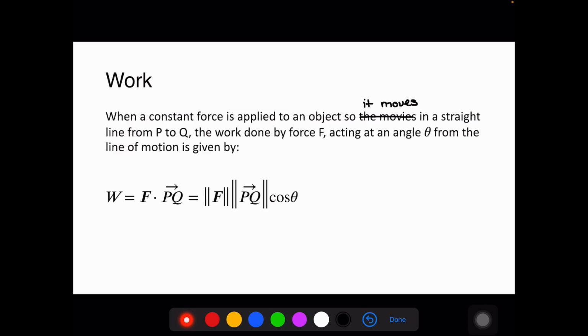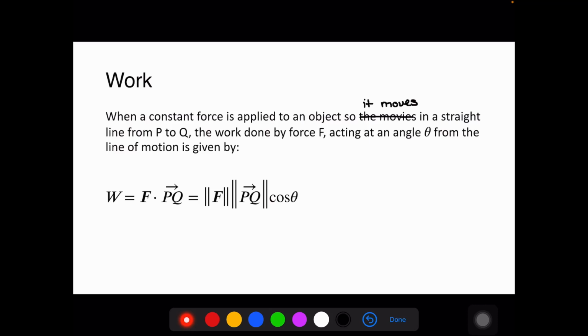If we have a constant force applied to an object, so it moves in a straight line path from P to Q, the work done by force F on that object, which we'll say is acting at angle theta from the line of motion, is given by F dot PQ. So the idea is to compute the work required to move an object.